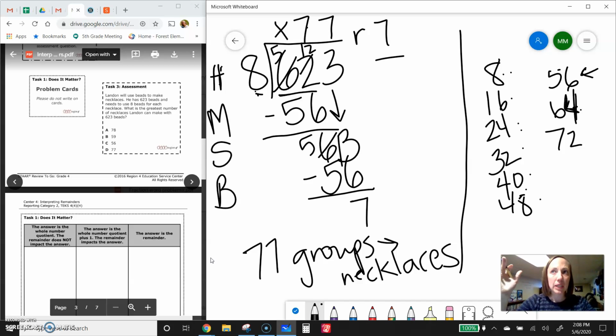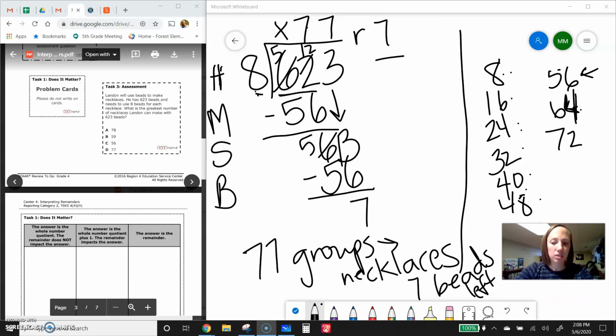Well, if I'm taking the beads and I'm putting them into 77 groups, the 7 is what I have left over. So it's asking me, what is the greatest number of necklaces Landon can make with 623 beads? Well, he can make 77 necklaces.